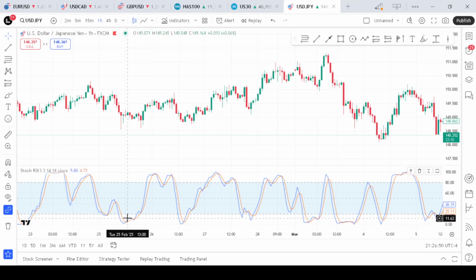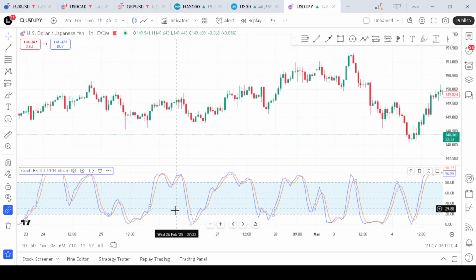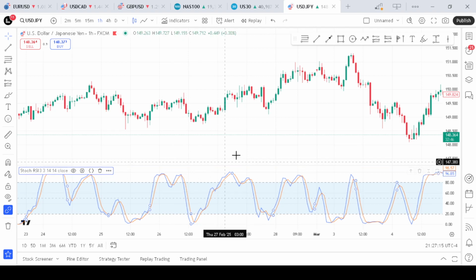because the stochastic RSI tends to be more volatile and responsive. What makes this indicator especially valuable is its ability to adapt to different market conditions. By applying the stochastic formula to the RSI value rather than directly to the price, the stochastic RSI can provide meaningful signals even during strong trends.